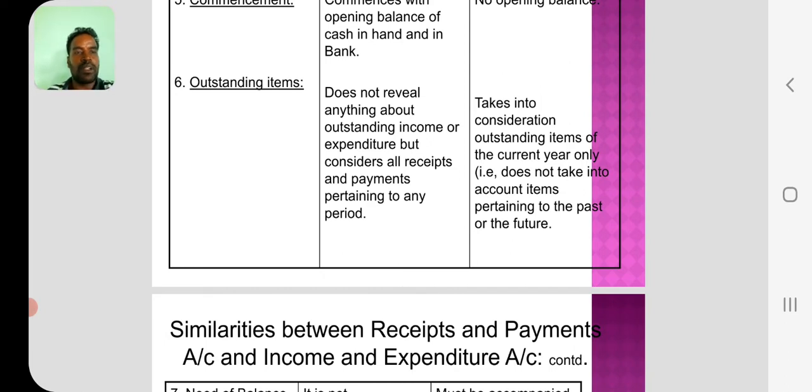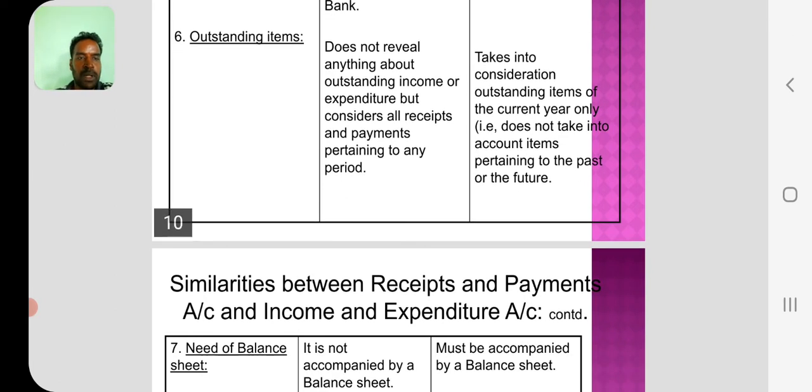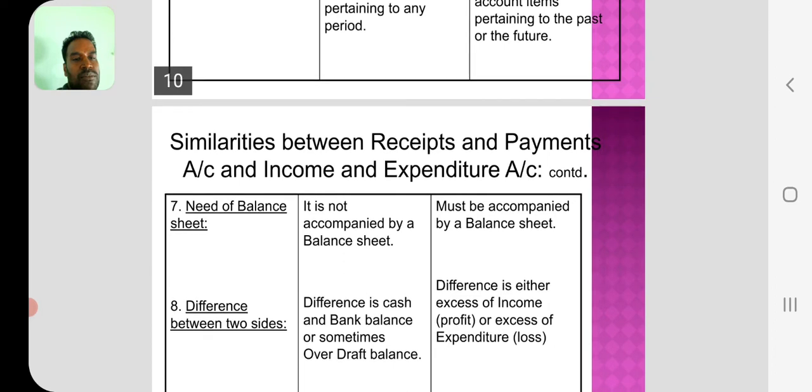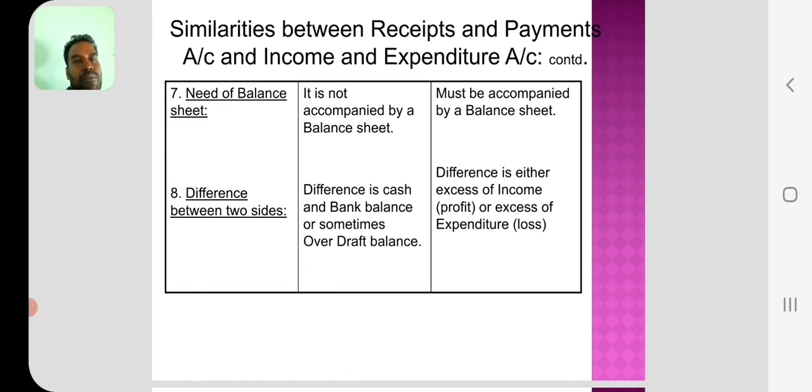Income and expenditure takes into consideration outstanding items of the current year only, not previous, past, or future.